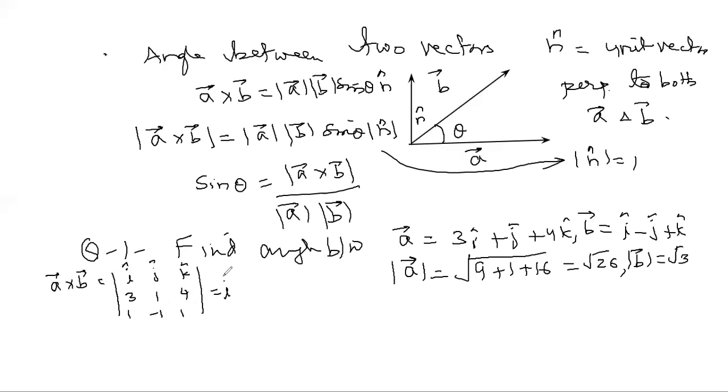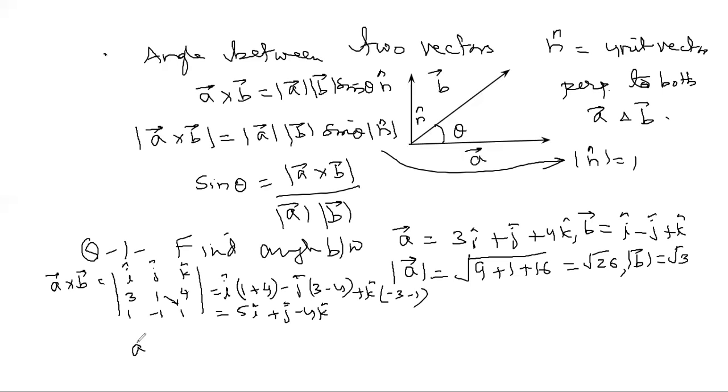So for i, you can hide the first row and first column: 1 into 1, minus minus plus, 4, then take minus j, then 3 ones are 3, minus 4, and plus k, 3 minus 1. So 5i plus j minus 4k.